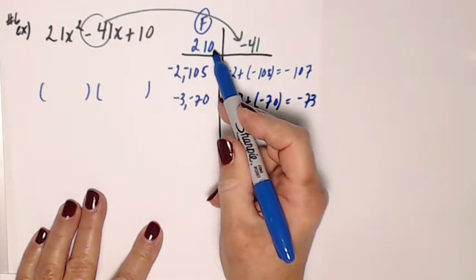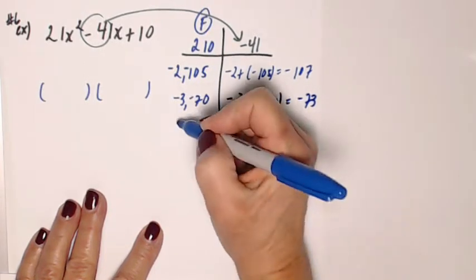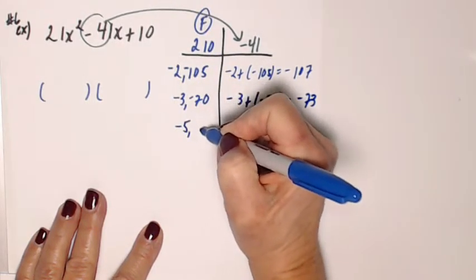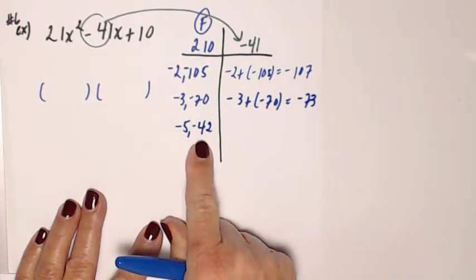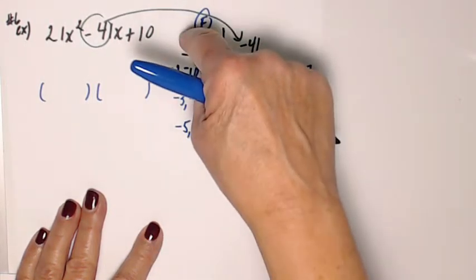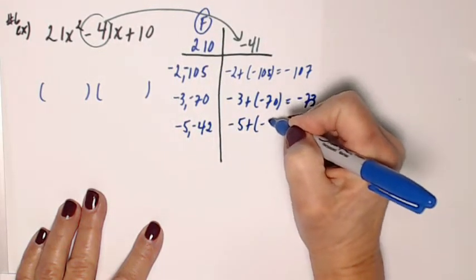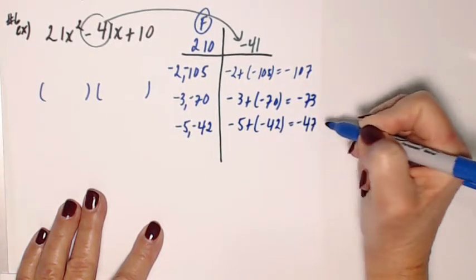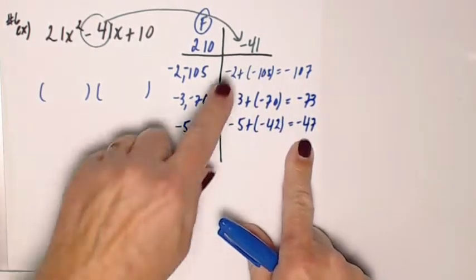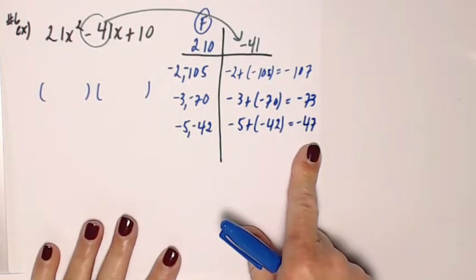You try to divide 210 by 4 in the calculator, you get a decimal number, not a factor. How about 5? We can use 5 and 42. Negative 5 times negative 42 is our 210, and negative 5 plus negative 42 is negative 47. Getting pretty close to where we need to be. Not quite there, but we're getting closer.